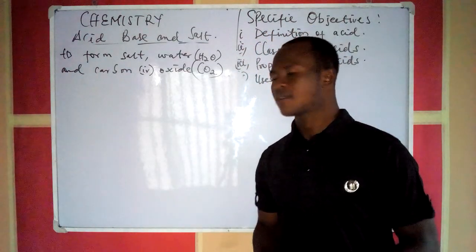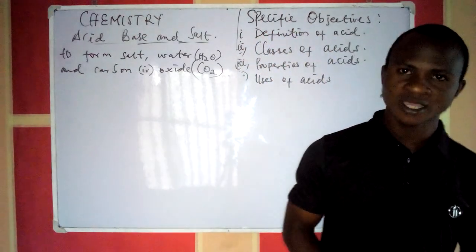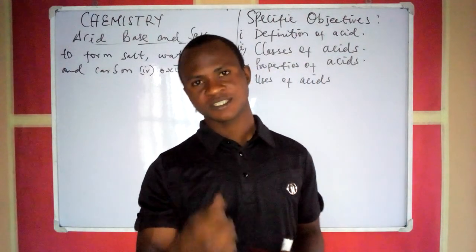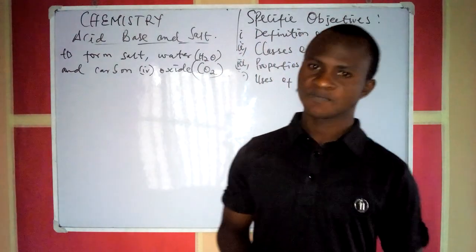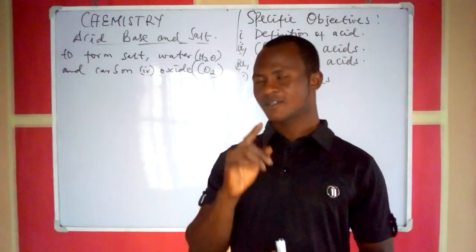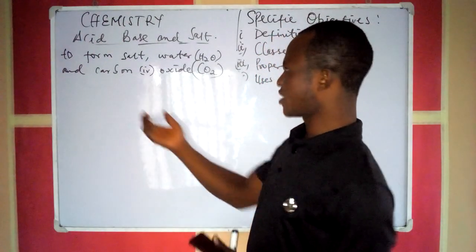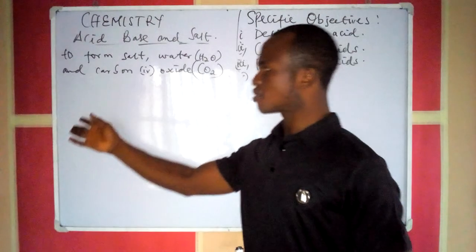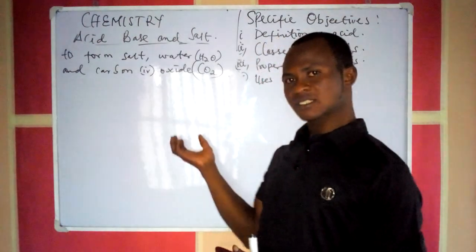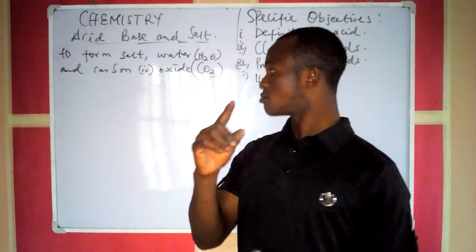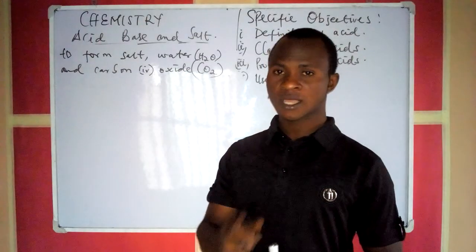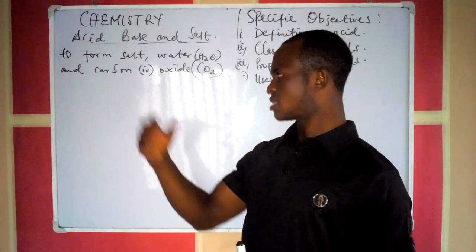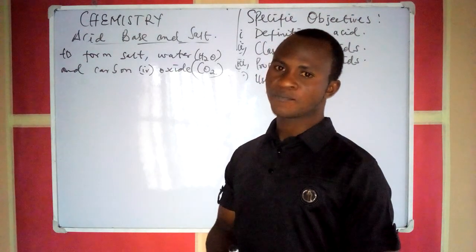Bases are the oxides or hydroxides of metals, which react with acids to form salt and water only. So as the case may be here, we have reaction with bases to form salt and water only.